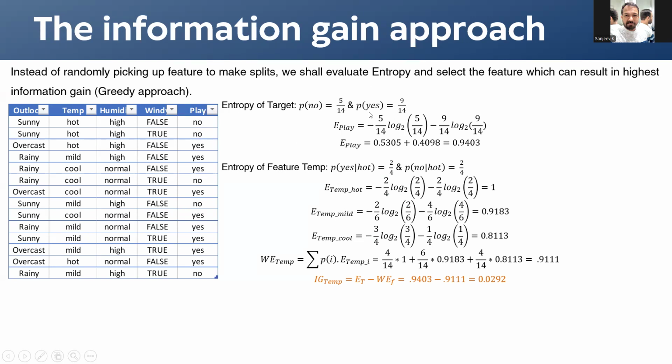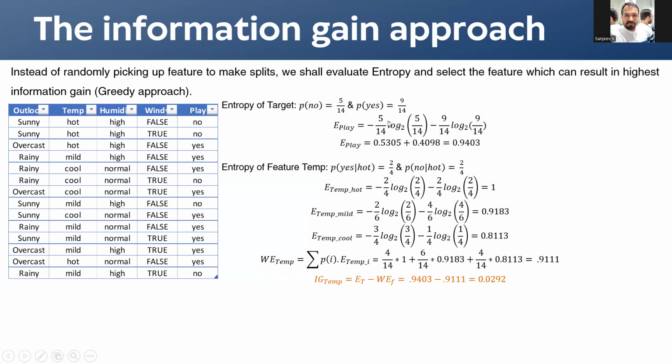So the probability of playing is 9 by 14 and the probability of not playing is 5 by 14, as simple as that. So entropy, I'll calculate by applying the same formula, probability into log of probability. So probability of not playing, 5 by 14 into log of 5 by 14, minus 9 by 14 into log of 9 by 14. So I'm getting the calculation as 0.9403.